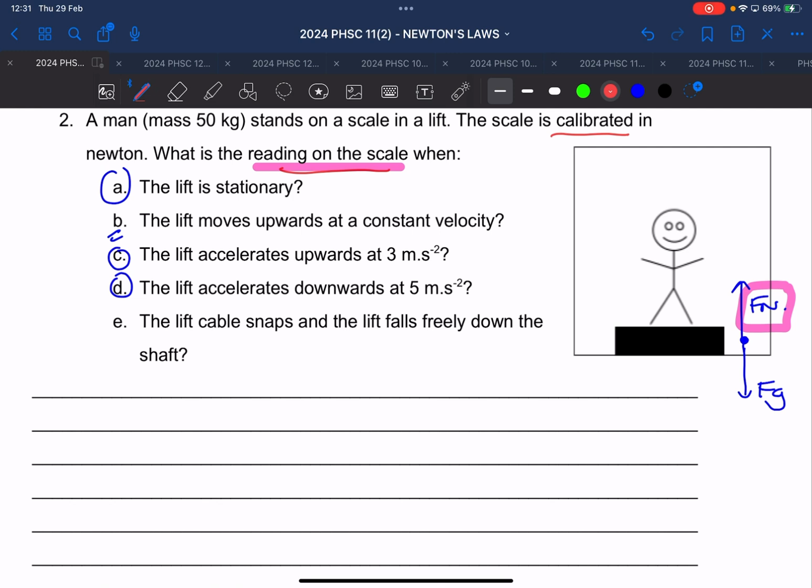No, sorry, which law? Say again? Which one? Third. No. You know what's going to happen when you say it? Okay, say it. Go for it.